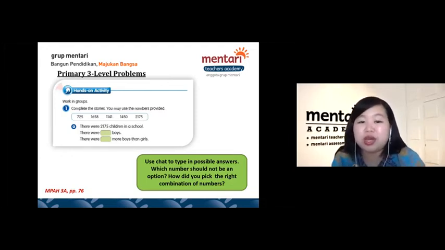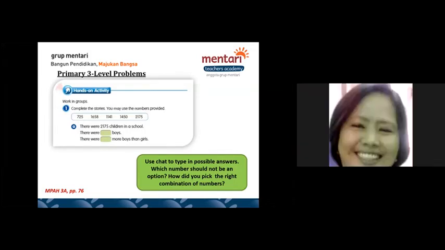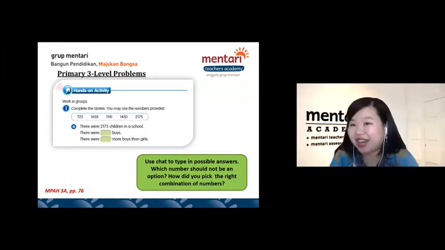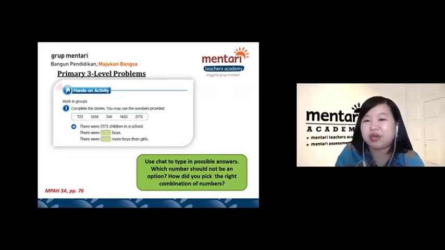Actually, there is one option that we can already eliminate in this case, right? That's why that was my first question. Which number should not be an option? 2,175, right? Yeah, because that's the total number of children. That's the total number of children, so you can immediately eliminate that one. And I think I see some numbers in the chat. Okay.